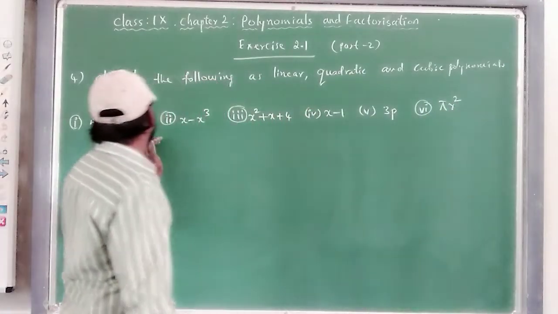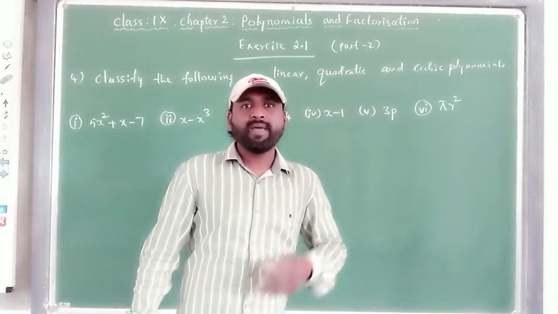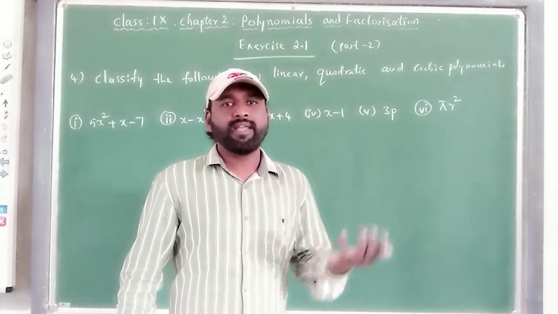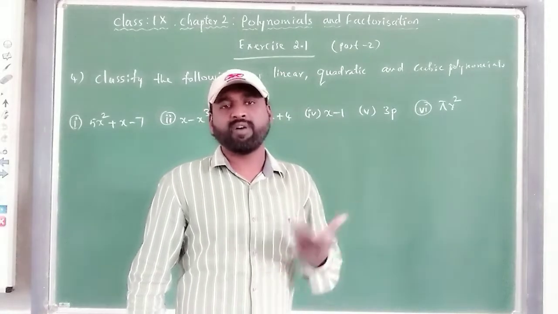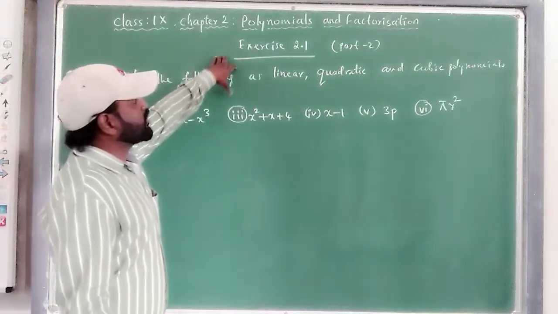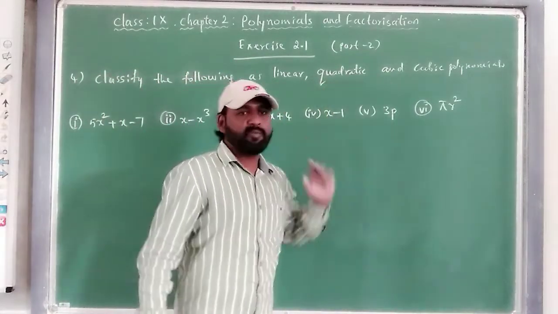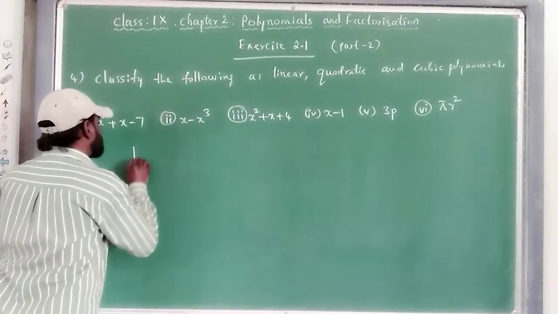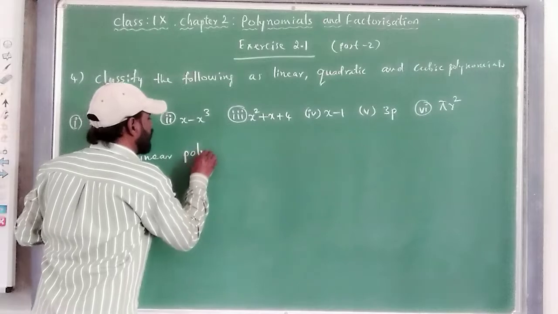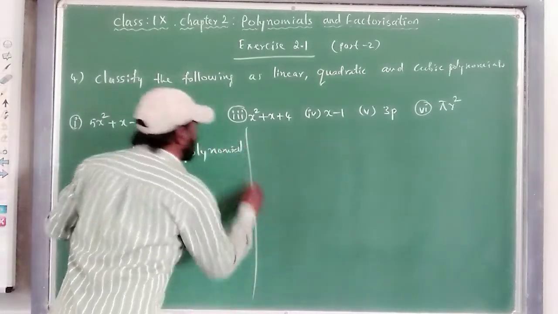See, the different polynomials have different variables and their different degrees. Based on the variable's highest degree only, we can name that as linear or quadratic or cubic or whatever degree polynomial. Now, in this question, they asked us to classify these all 6 polynomials as linear, quadratic and cubic polynomials. Let us find first linear polynomial. What are linear polynomials?